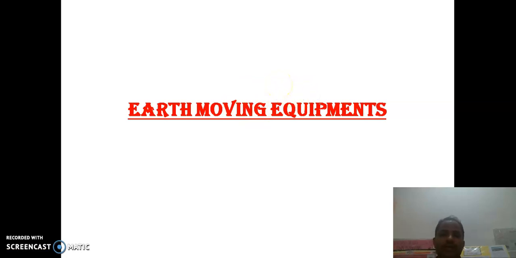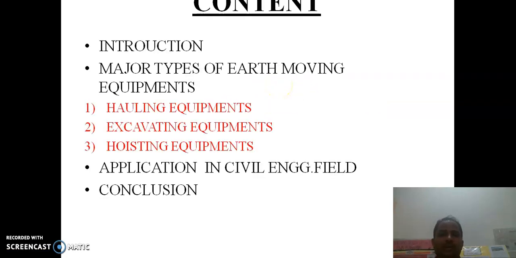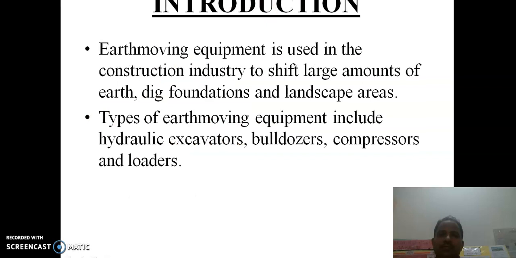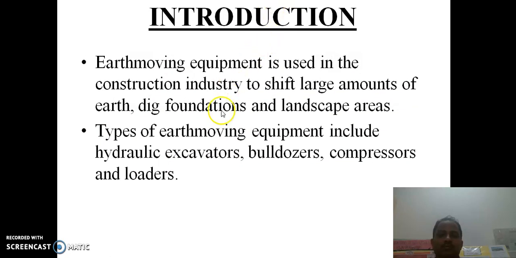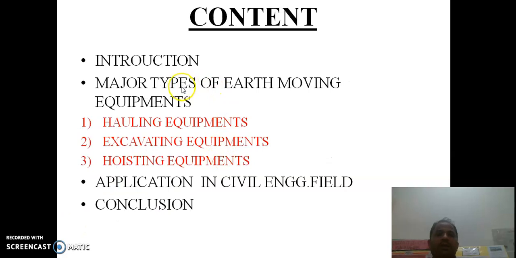Earth moving equipments. Content: Introduction, major types of earth moving equipments, hauling equipments, excavating equipments, hoisting equipments, application in civil engineering field.